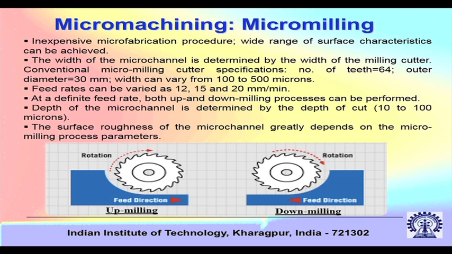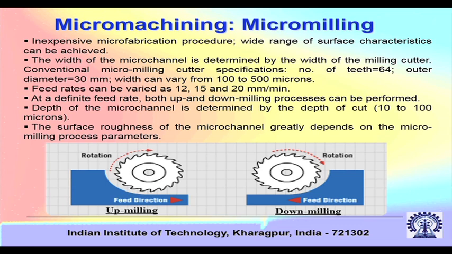Nowadays we are getting widths even less than that. So 100 to 500 micron channels we can make very easily using these, and feed rates can be varied as 12, 15 and 20 millimeter per minute using this particular system in our lab.